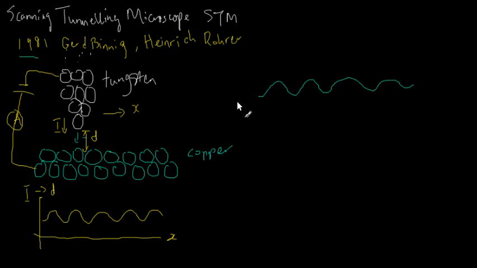If I then shift this sideways a little bit and do it again along a slightly different line, I might get another graph that looks like this. And then if I shift it sideways some more, it might look like this. And then go up again.